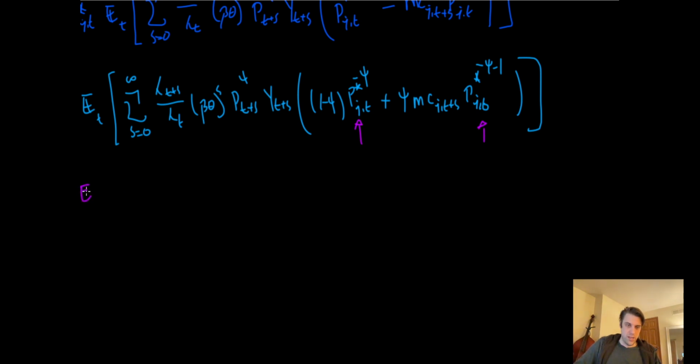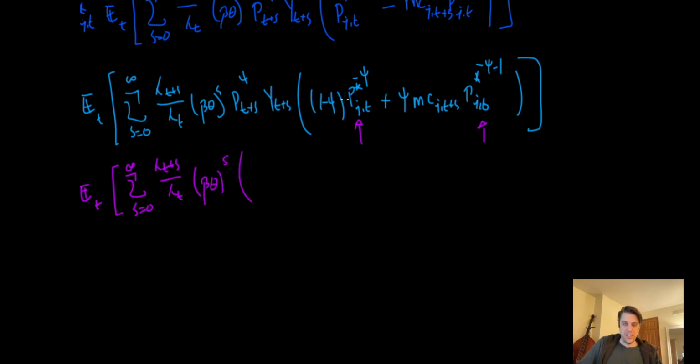So we can rewrite this by factoring out the pjt minus psi as this, lambda t plus s over lambda t, beta theta s.